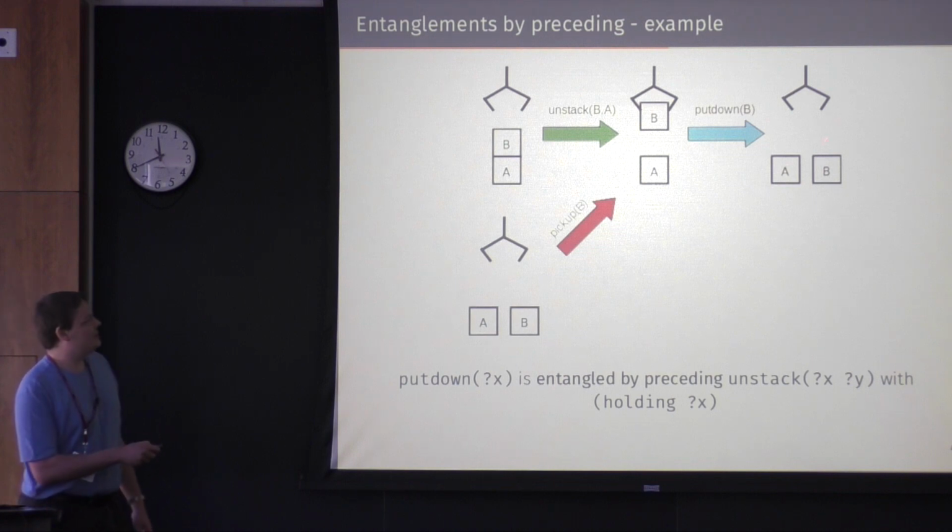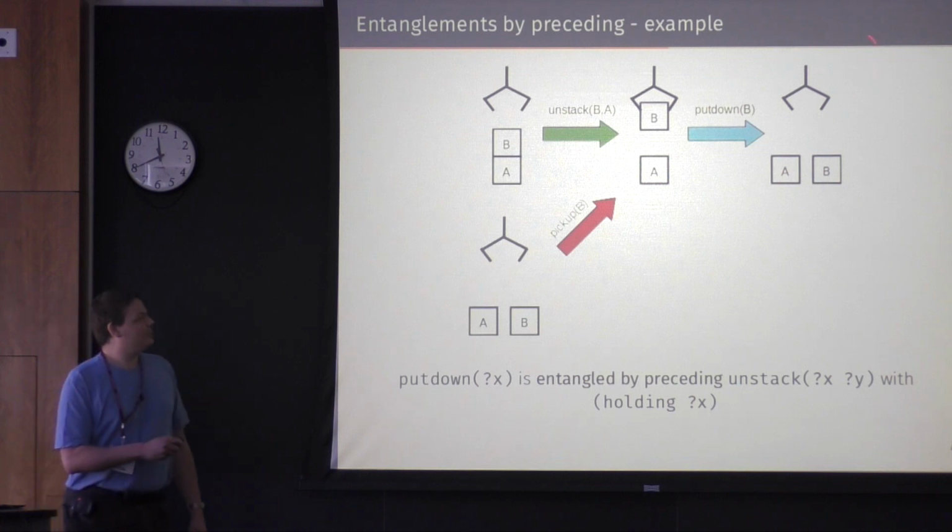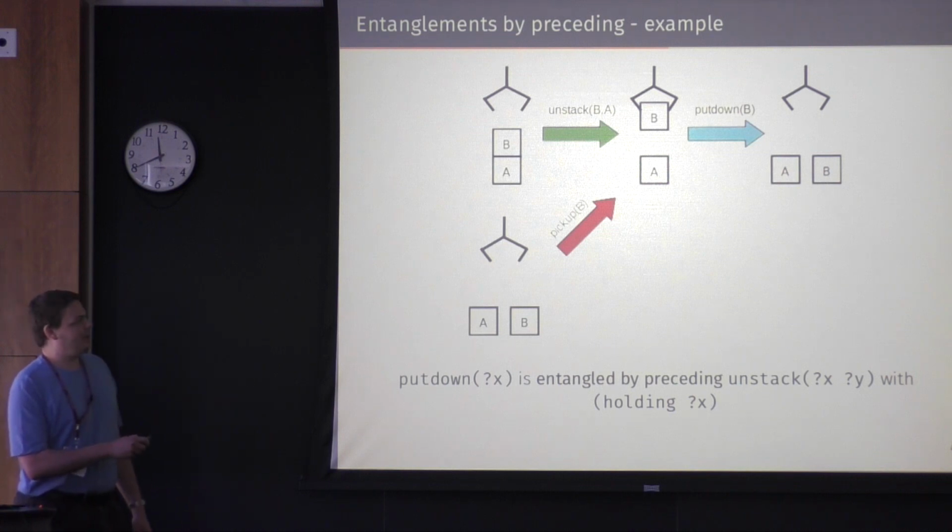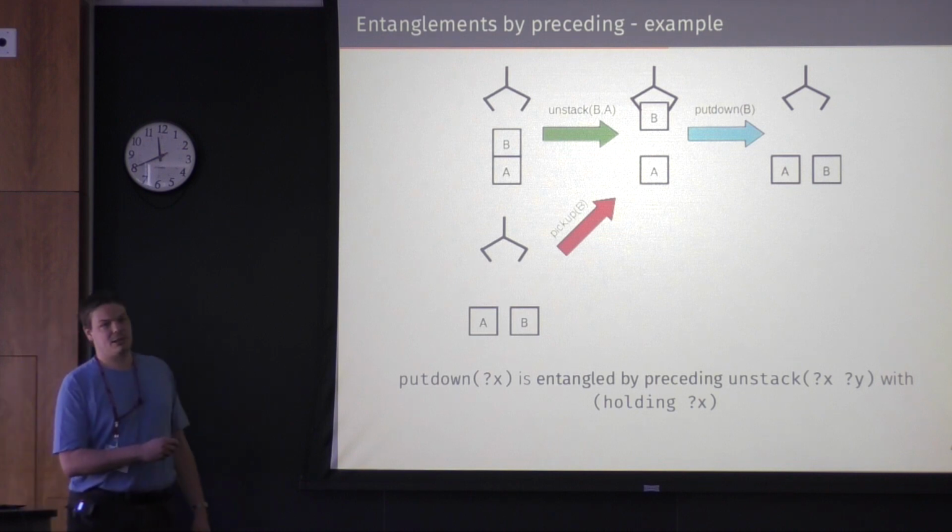So this means that if we want to apply an operator put down, then the precondition, which means that the robotic hand has to hold some block, must be achieved by operator unstack.